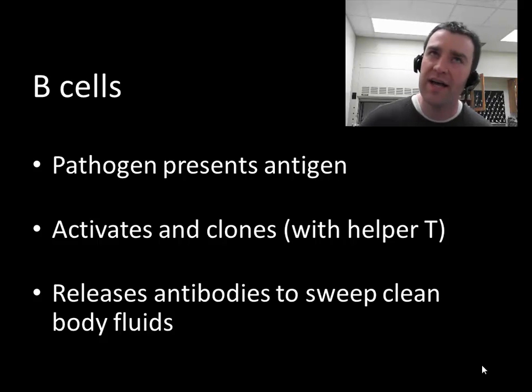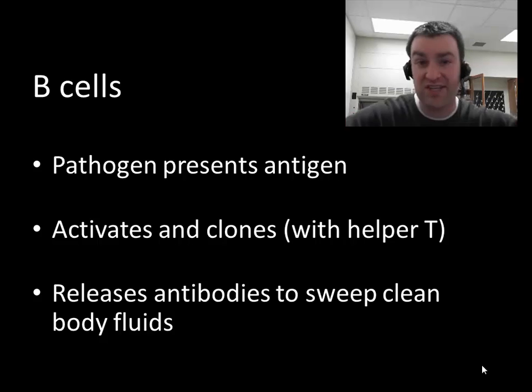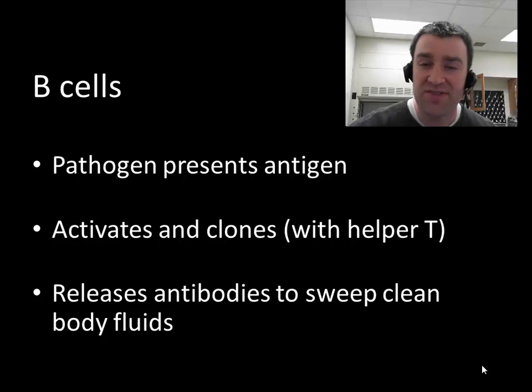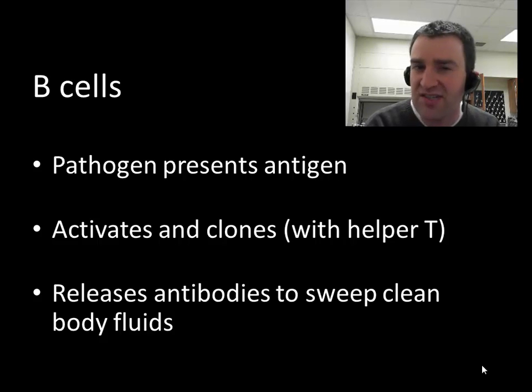But when it does, its job is basically to take the antigen receptors that are in its cell membrane and essentially just release them. So we're going to send all of these receptors to be free floating in the bloodstream and in other body fluids like the lymph of your body. And when the antigen receptors are ejected from the cell membrane of B lymphocytes, we call them antibodies at that point.